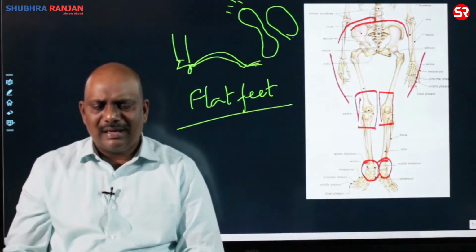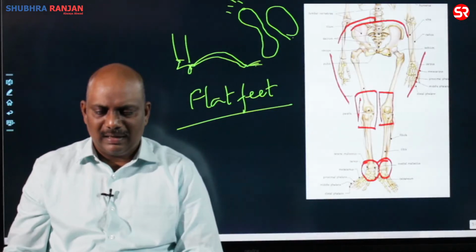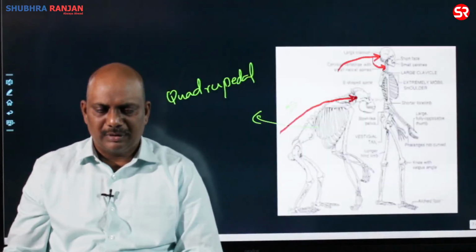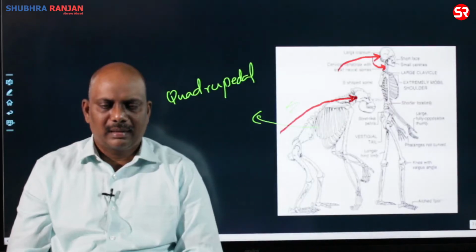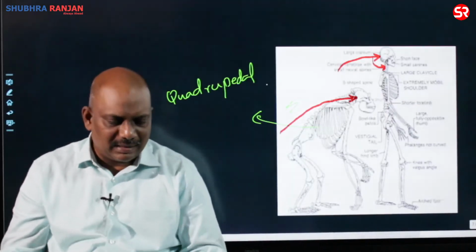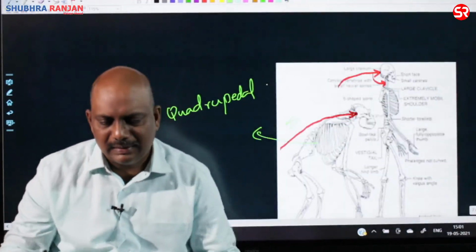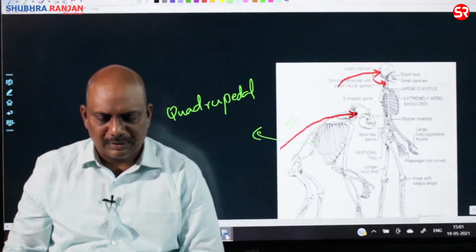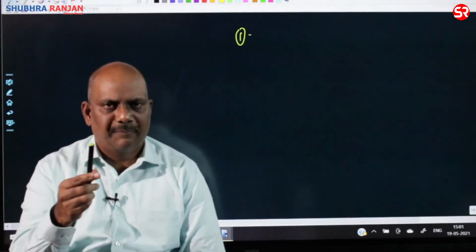So these are the anatomical evidences to show that Australopithecus had a bipedal locomotion. Shall we revise it one time? The anatomical evidences to show that we are having a bipedal locomotion. Number one, more centrally placed foramen magnum.